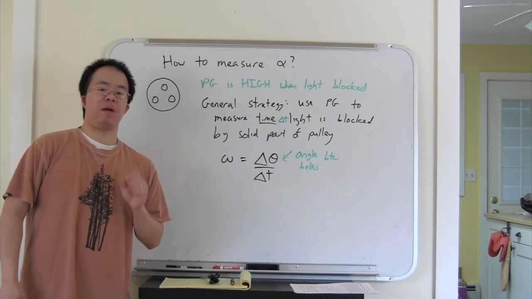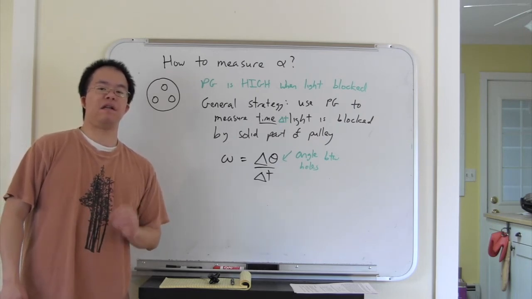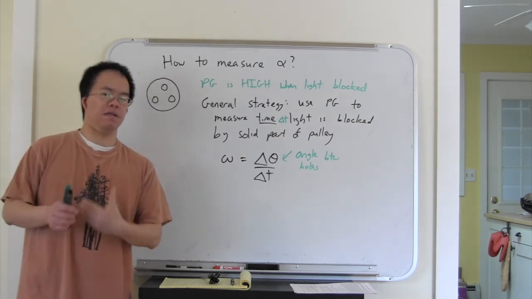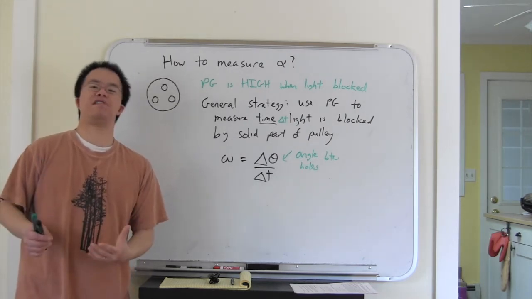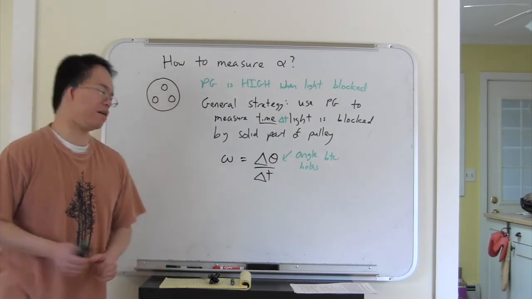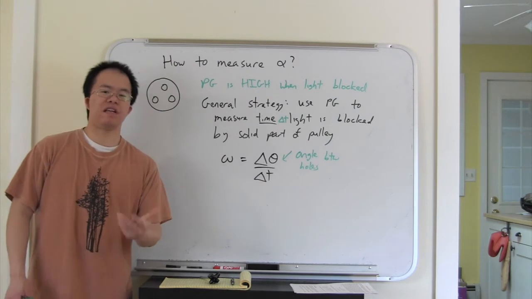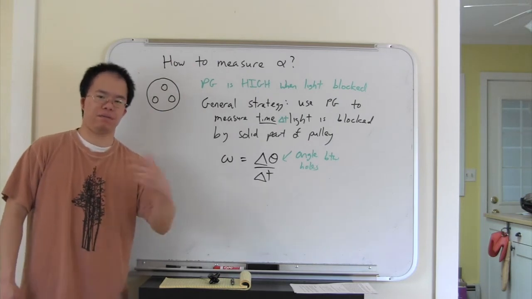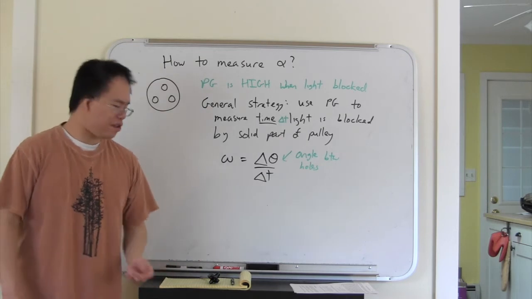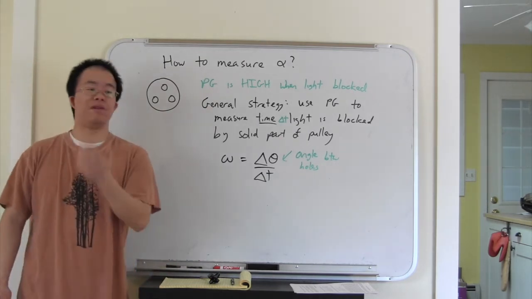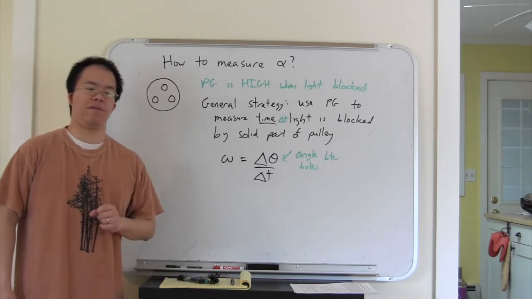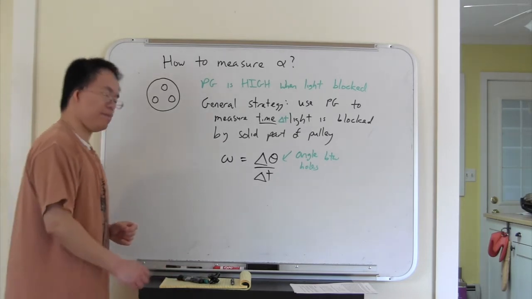As you probably saw in 117, for every result in linear kinematics, there is an analogous result in rotational kinematics. Just like we use v final squared equals v initial squared plus 2a delta x, there is a similar result we can use for rotational motion.